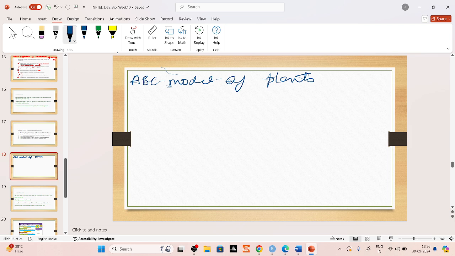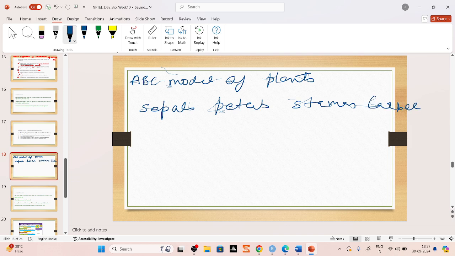And the carpel has the female reproductive part, that is the ovules, that will be fertilized to produce the seed. So these sepals, petals, stamens, and carpels have their own unique roles.